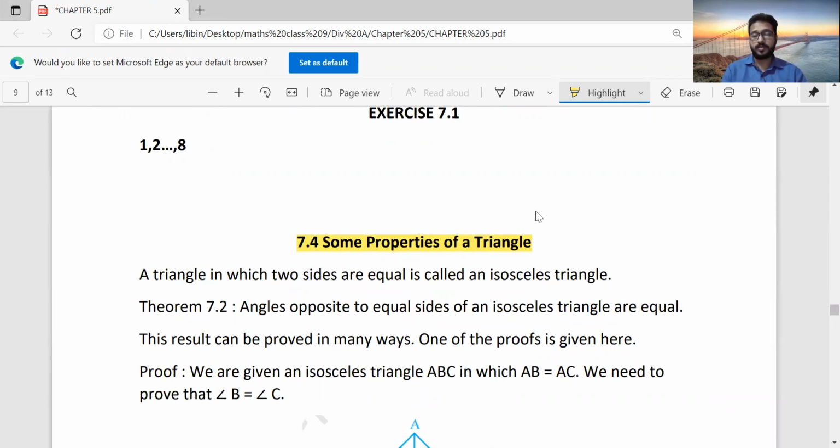Once again we will go through this, and here we will go a little bit higher. So you know that a triangle in which two sides are equal is called an isosceles triangle. It is actually very clear. Still, I will show you by drawing a triangle.